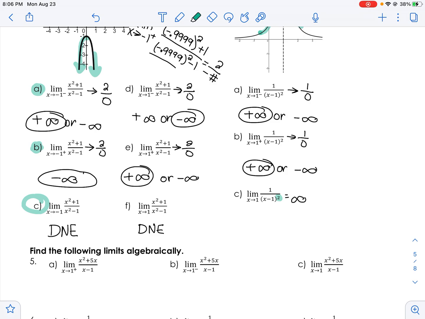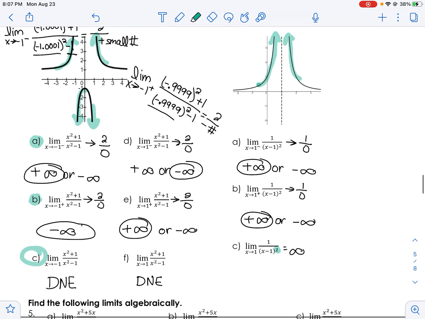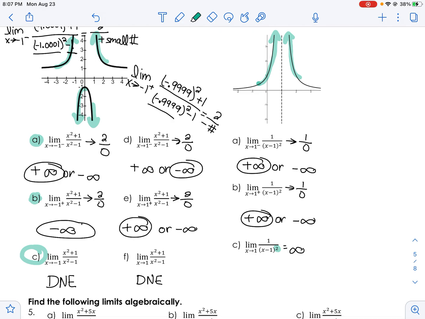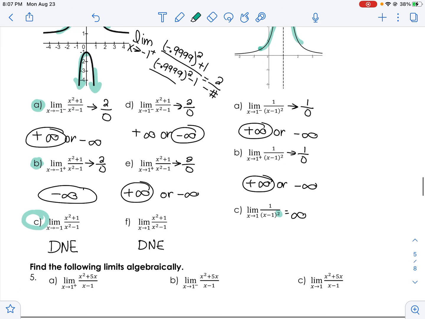Okay, I'm going to get x equals 1 two times if I were to solve that denominator. That has an even multiplicity, which tells me that they're going to be going in the same direction, whether it's positive infinity or negative infinity. If I have an odd multiplicity, where I don't get the same x value twice when I solve, that means they're going to be going in different directions and the limit's not going to be able to exist.